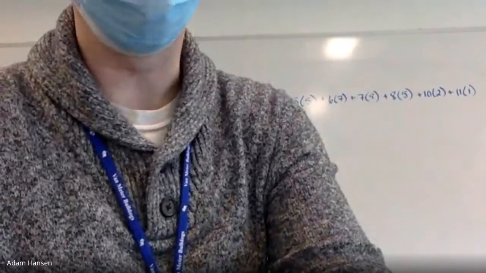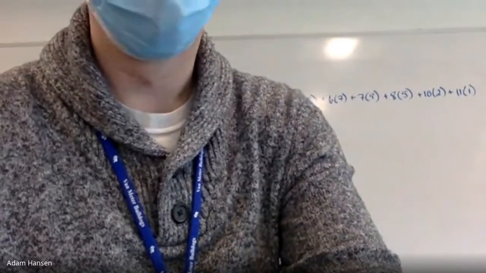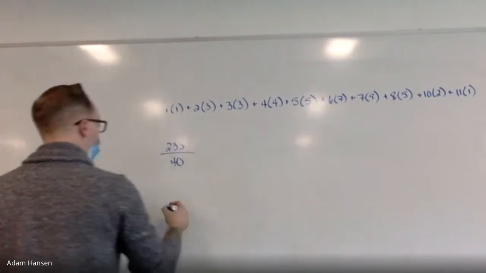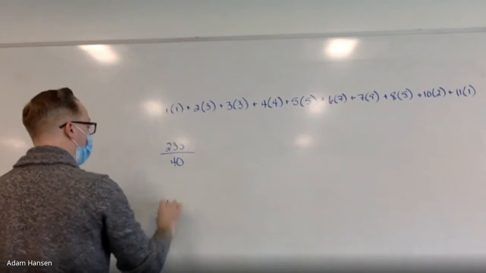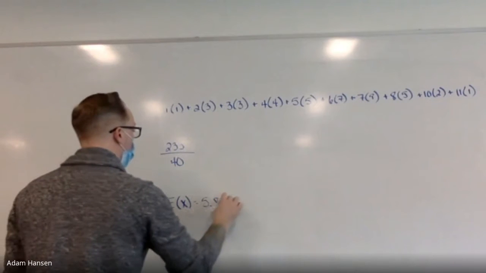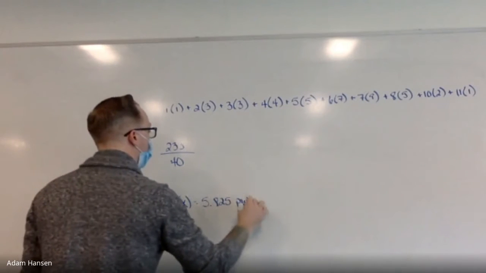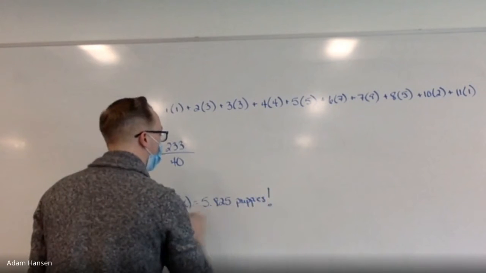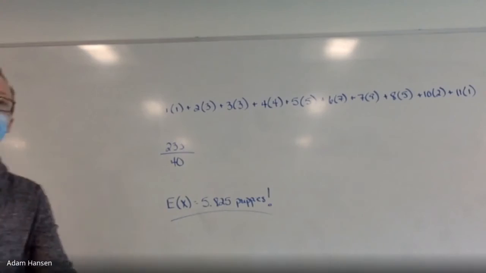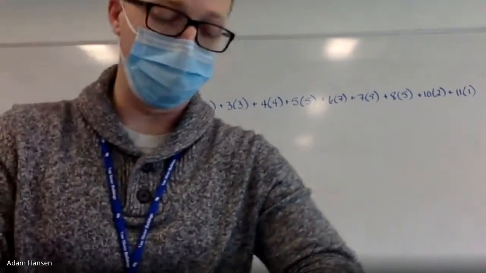So 233 divided by 40 is about 5.825. So if X represents the number of puppies in a given litter, the expected number of puppies per litter is about 5.825 puppies. Sometimes more, sometimes less, but on the average, there you go, about 5.825.